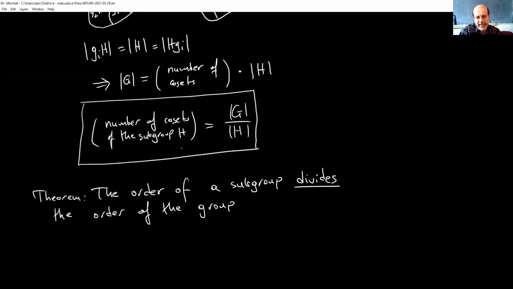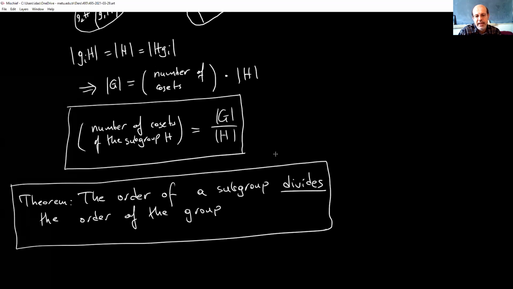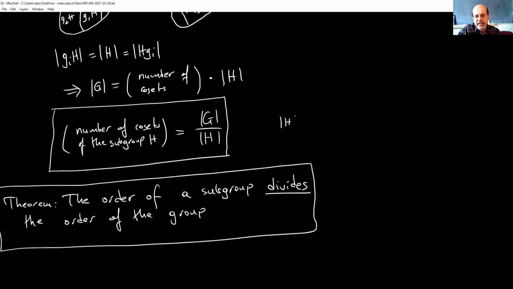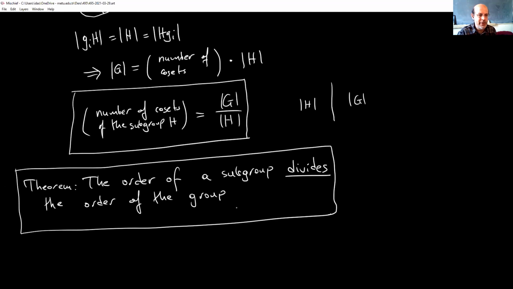So in this case, basically, the order of H divides the order of G. That's the mathematician's symbol for divisibility, right? So we say that 2 divides 6, for example. We use this symbol. In any case, there's no harm done if we just use words.